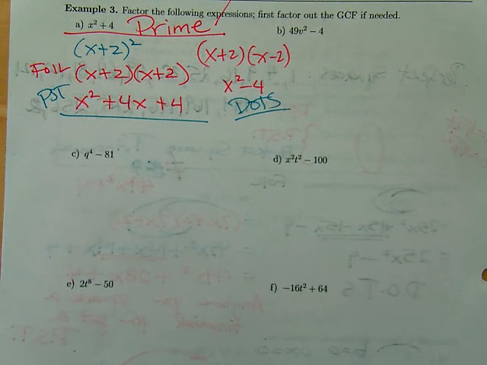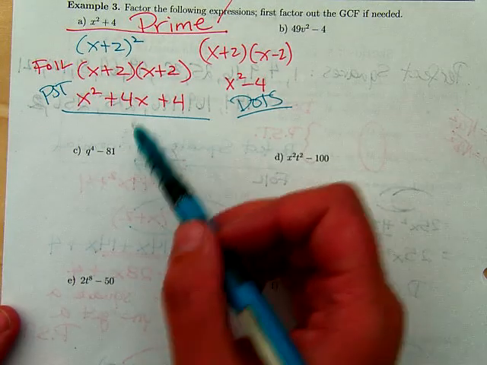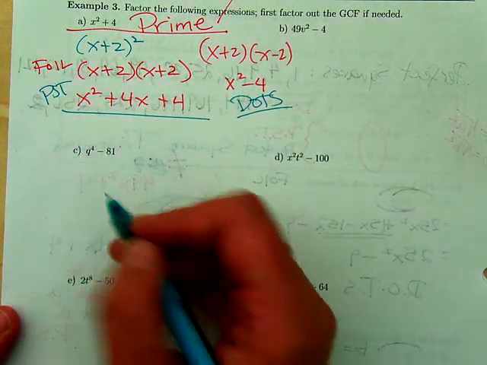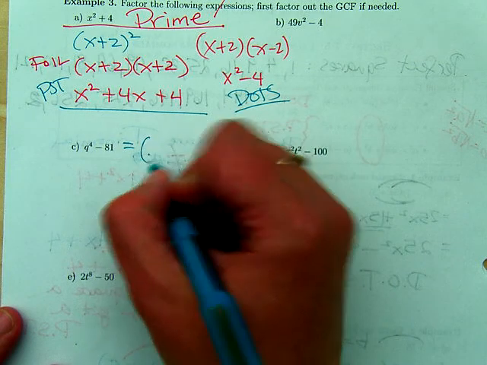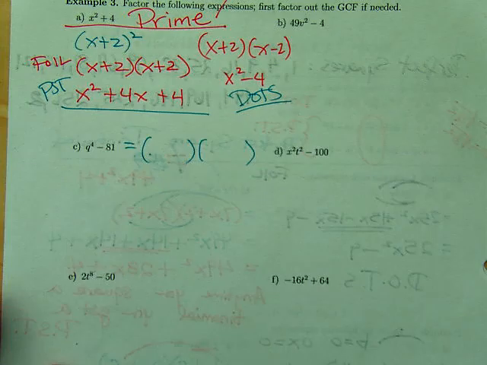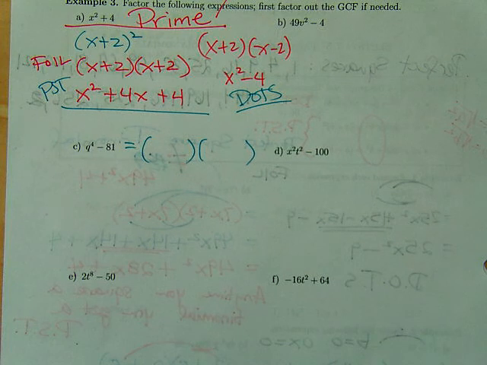Oh, I know. Here's a couple of examples. Let's do this one together: q to the fourth minus 81. Is q to the fourth a perfect square?